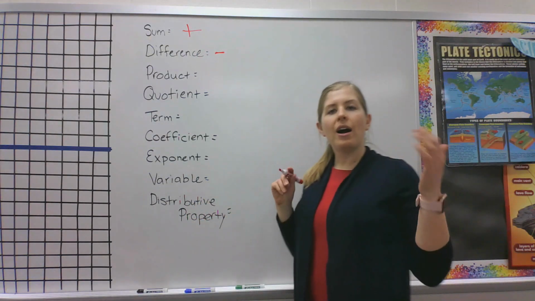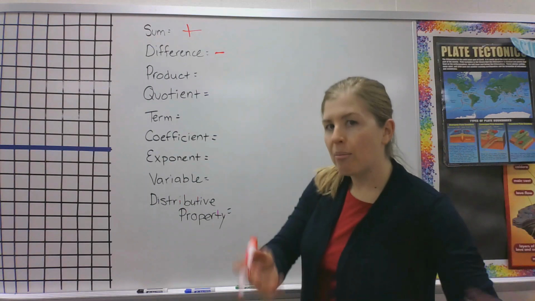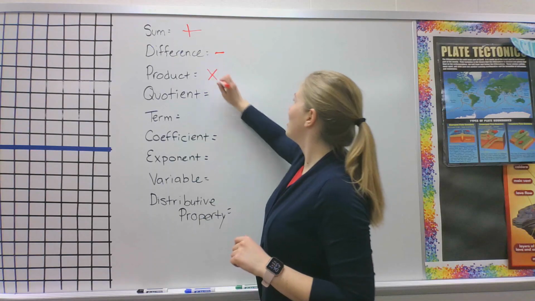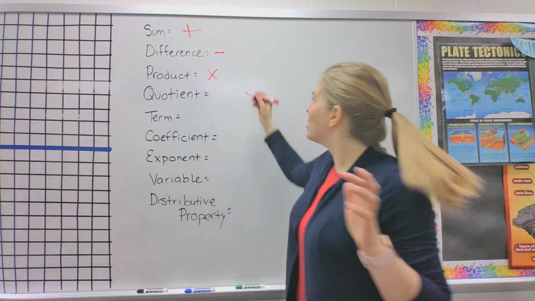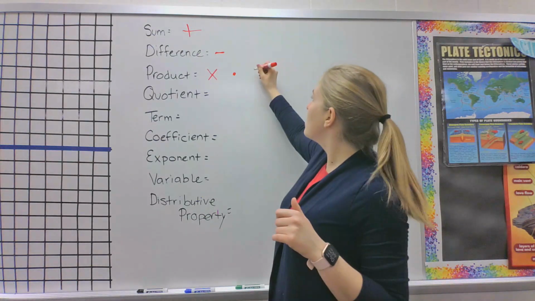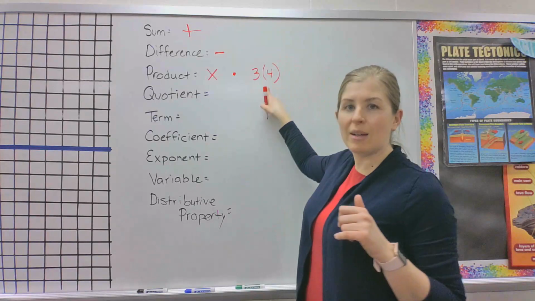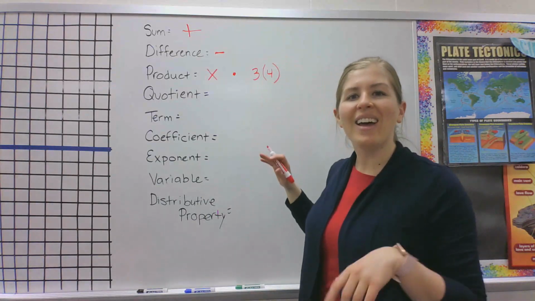Product would be the answer to a multiplication problem. Yes, multiplication. I do X for multiplication. I know a lot of times we have a dot, or sometimes you'll see multiplication problems with parentheses, 3 times 4, which is 12.